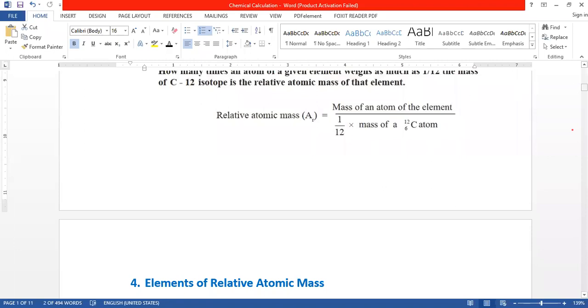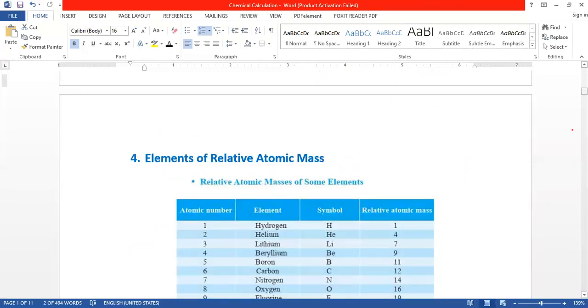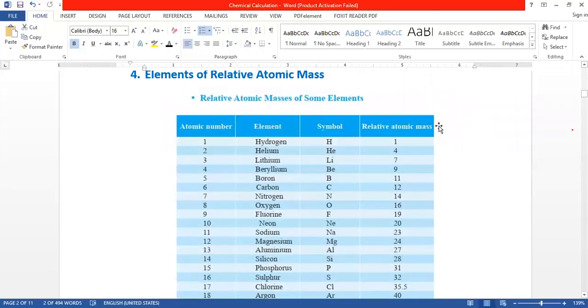Look at this one. We have done all the sums, and we have found potassium 39, sodium 23, and they have given a specific relative atomic mass. Hydrogen, what's that? 1. Helium 4. Lithium 7. You don't need to remember these for your O-level examination.